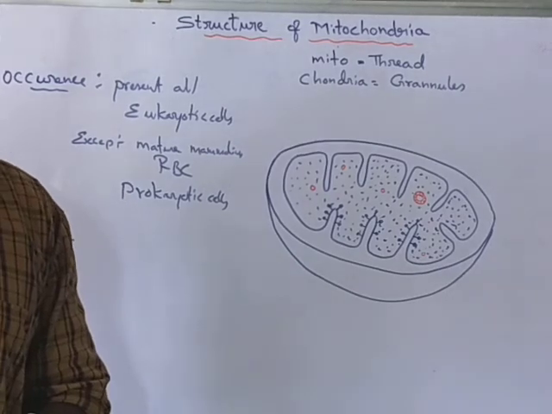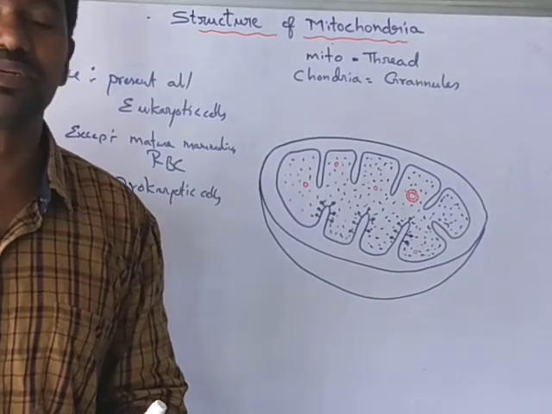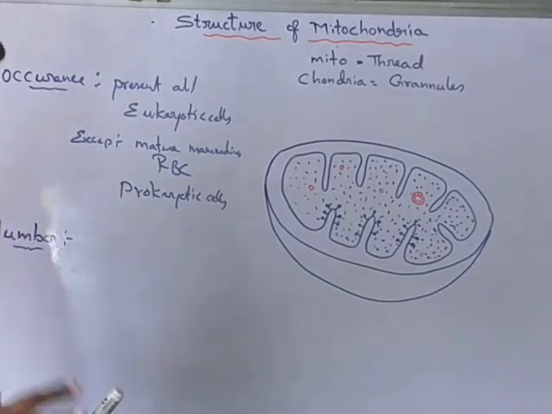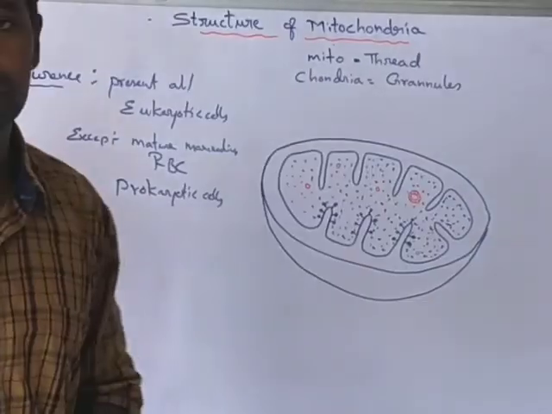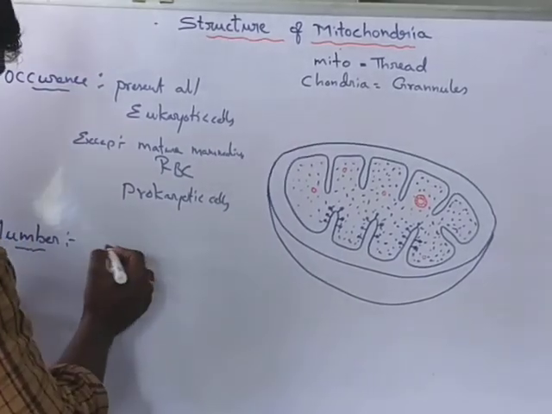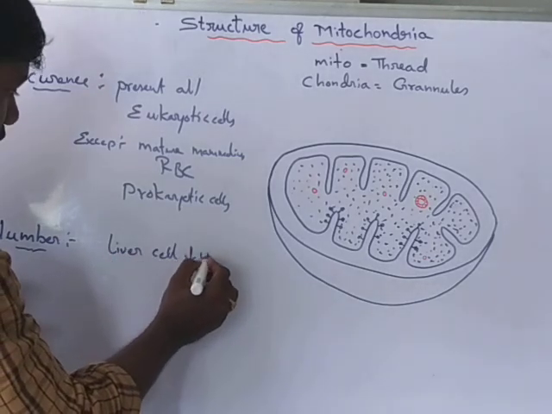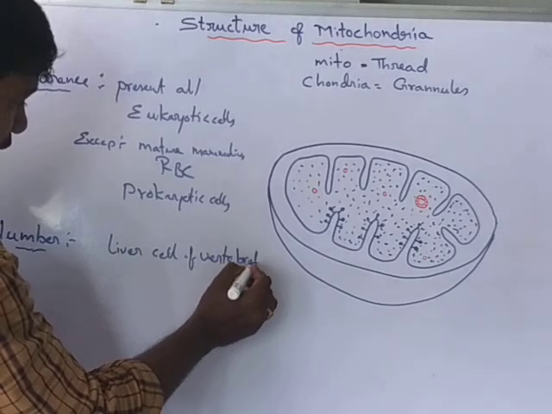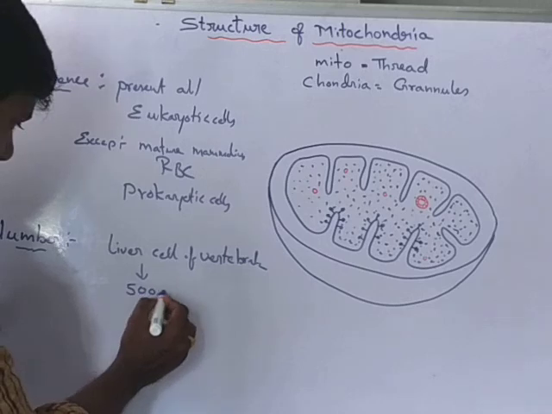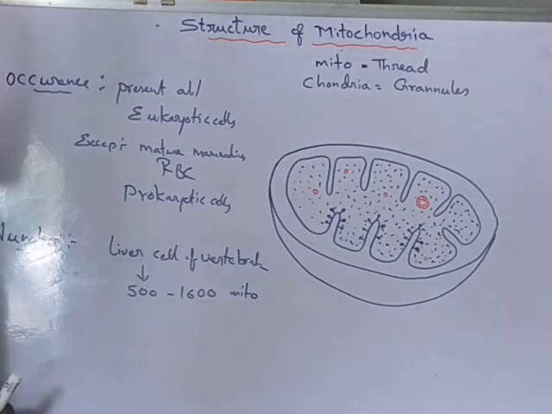For example, the liver cells of vertebrates have 500 to 1600 mitochondria.